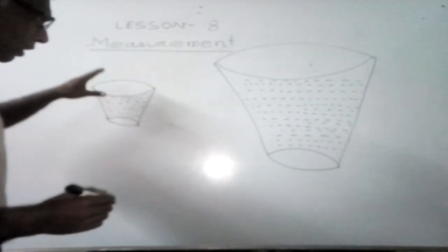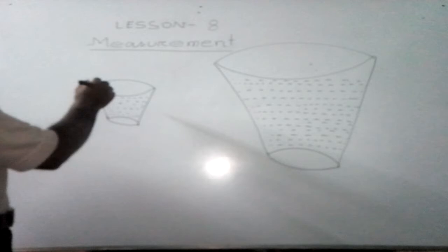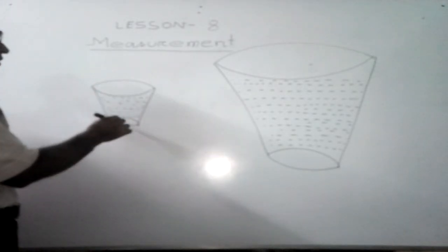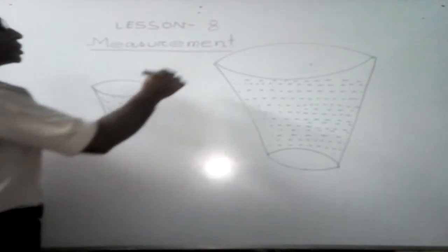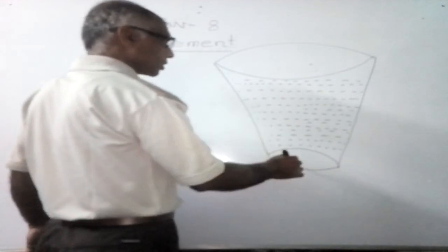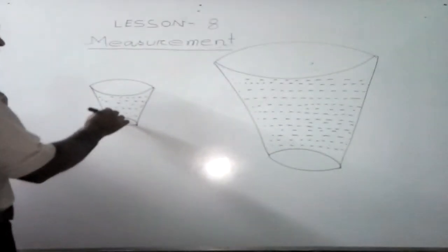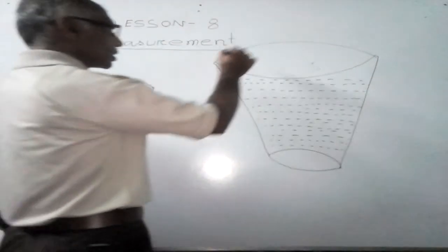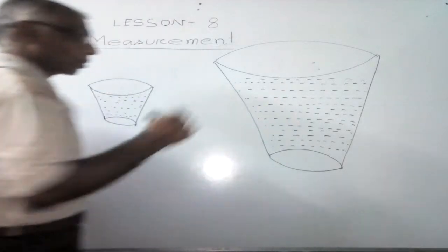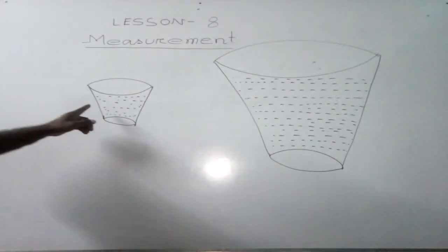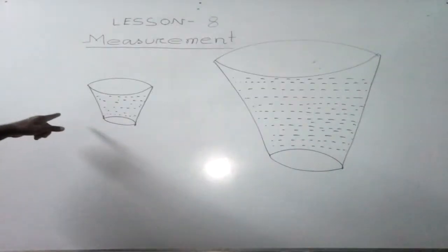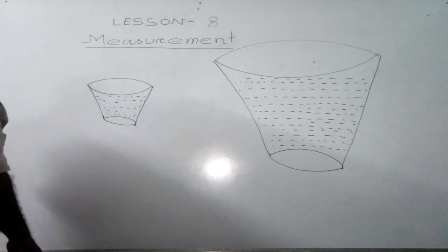You can also understand this way: it is what? Shorter. It is what? Taller. This glass is the shorter glass and this one is the taller glass. In comparison with these two glasses we can find, isn't it?